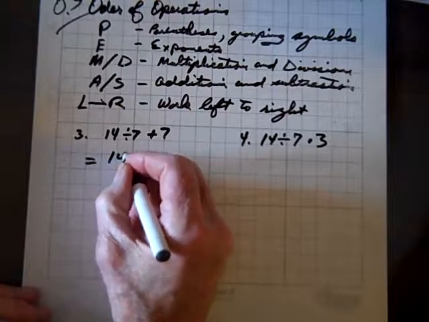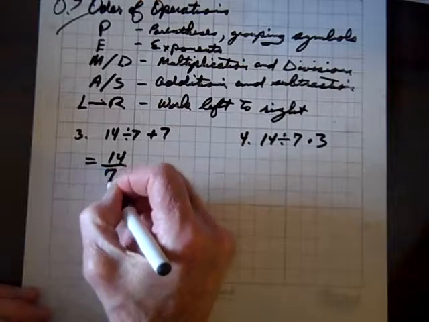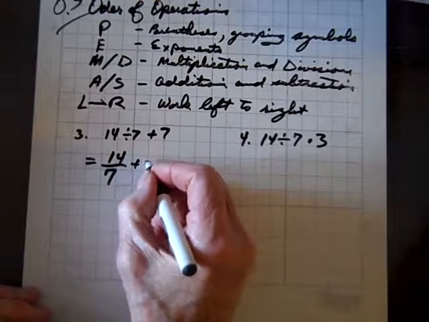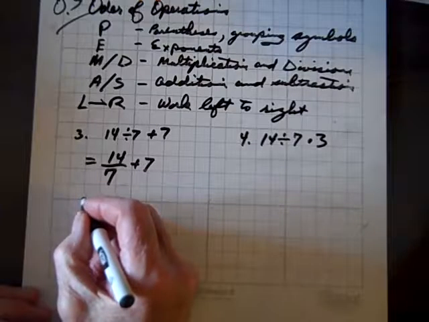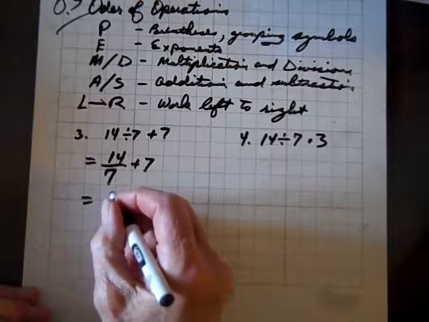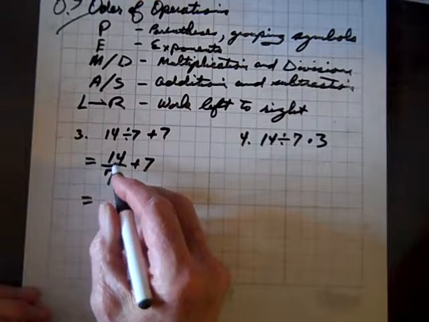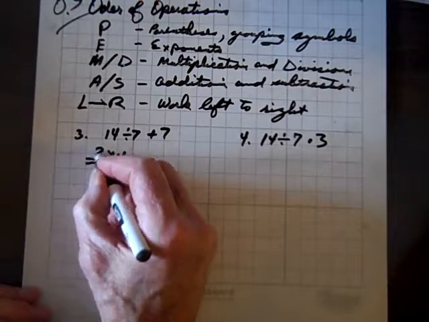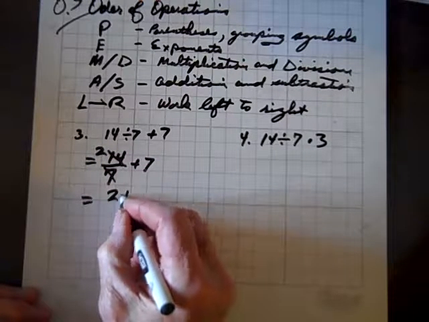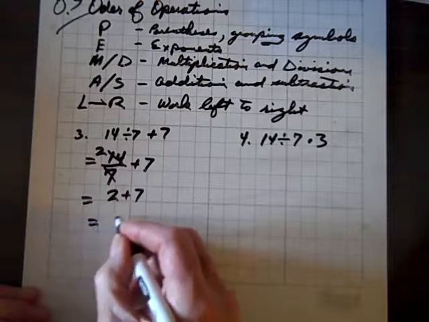And so we have 14 over 7 plus 7. And 14 over 7, 7 goes into 14 twice. So we have 2 plus 7, which equals 9.